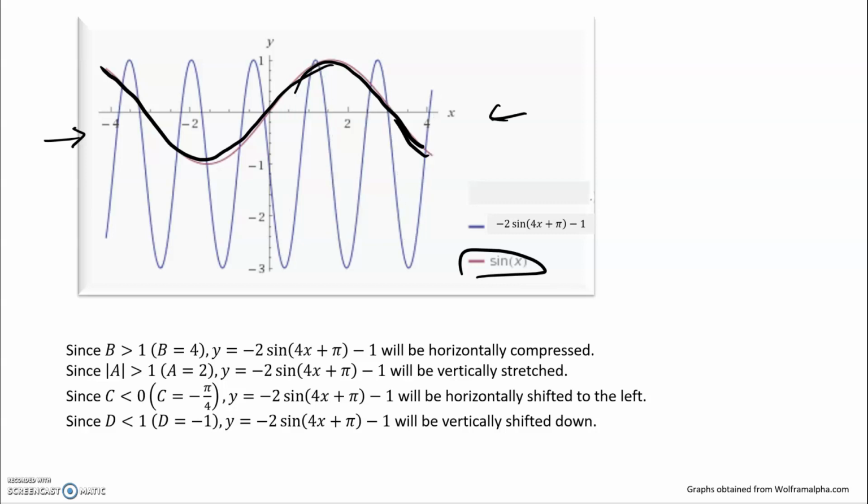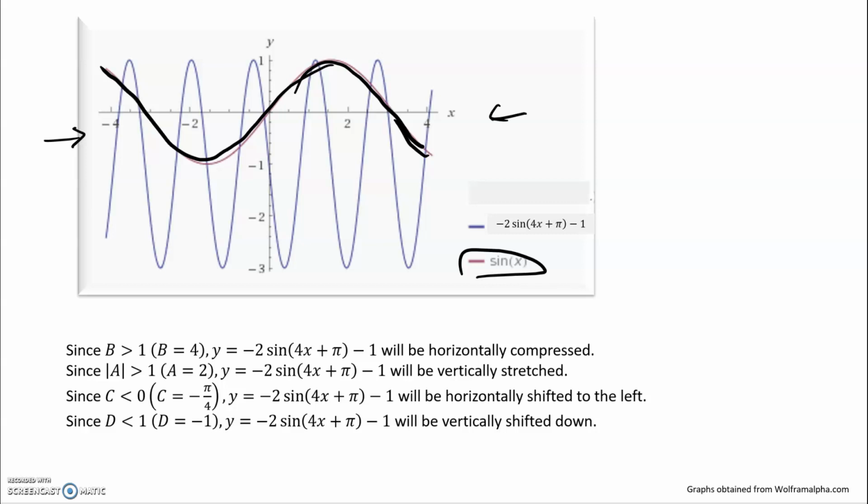Whereas instead of being drawn out, that would be horizontal stretch. We also have a is greater than 1, so we have vertical stretch. Okay, so if I hadn't shifted down, if I start here, it would go up more and down more. That's vertical stretch, which is what we're seeing here. Vertical compression would be underneath it.